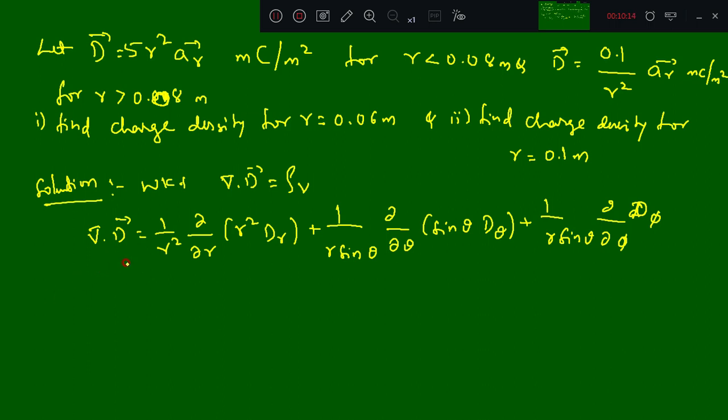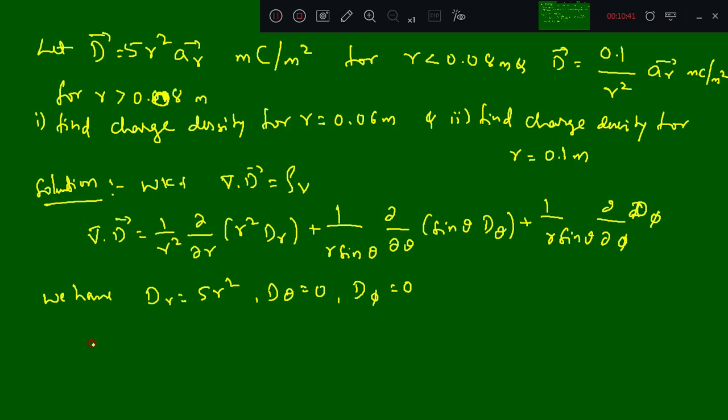From the given statement we have D_r is 5 r square, D_theta is 0, D_phi is 0.